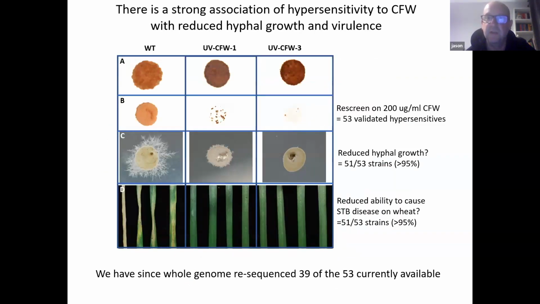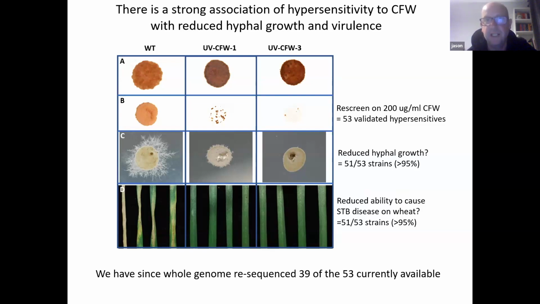In total, we've got so far about 53 mutant strains based on hypersensitivity to 200 micrograms per mil calcofluor white. And interestingly enough, almost all of those strains also have a reduction in the switch to hyphal growth on yeast on water agar media. And interestingly, even more is that the majority of them also have a dramatic reduction in virulence on wheat leaves.